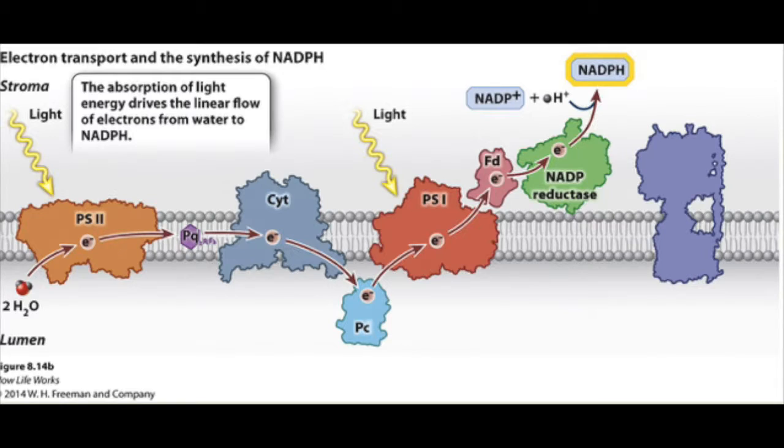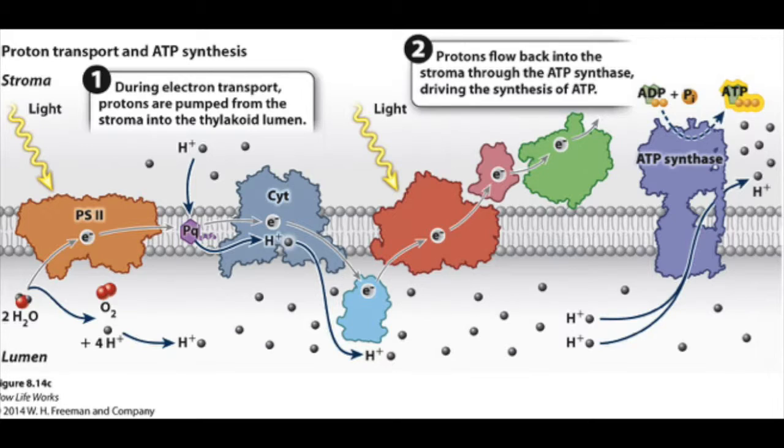Plastoquinone carries electrons from photosystem 2 to the cytochrome B6F complex, while plastocyanin carries electrons from the cytochrome B6F complex to photosystem 1 by diffusing through the thylakoid lumen. The oxidation of water releases protons and O2 into the lumen.